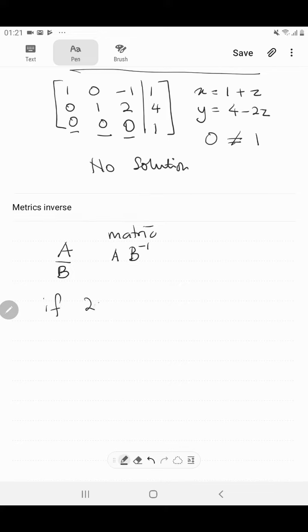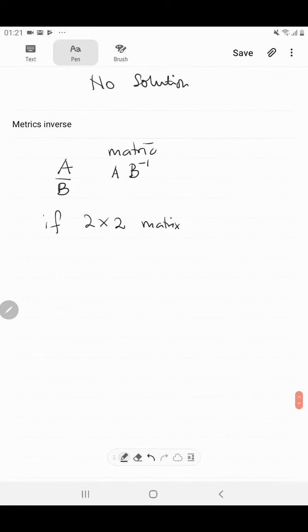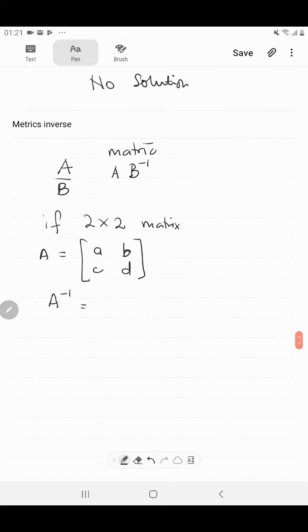If your matrix is 2 by 2, then there is a simple way: the inverse of the matrix would follow this structure. D will come up, A switch places, and on this diagonal it will be negative.